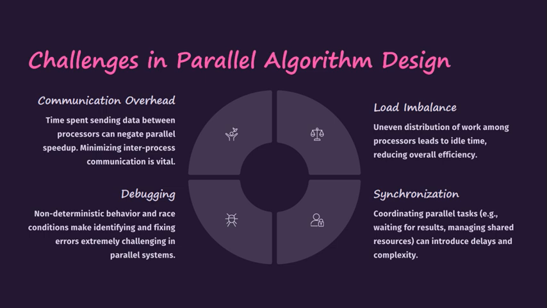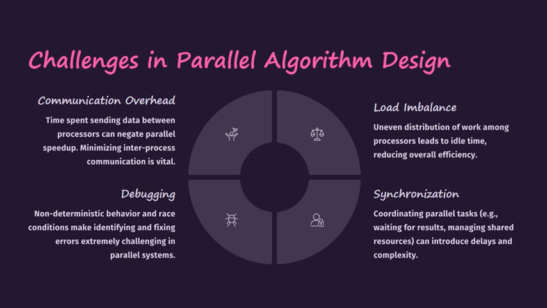Okay, the challenges come with, first, communication overhead. Time spent moving data between processors can negate the parallel speedup. So assigning or dividing the tasks can take a lot of time. Second, load imbalance. Uneven distribution of the tasks or data can occur, which can decrease the speed of completion.